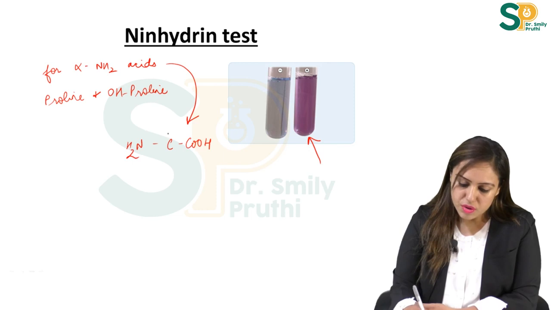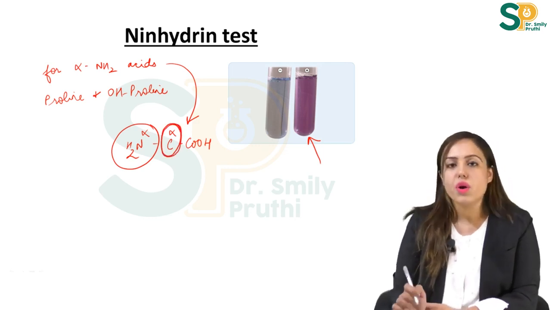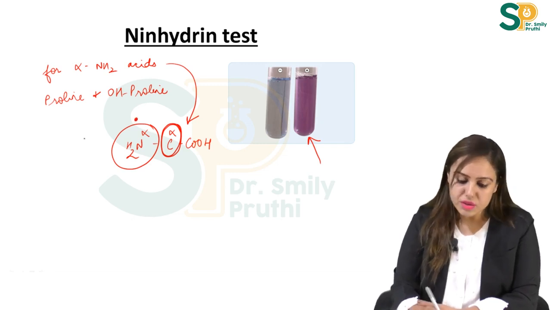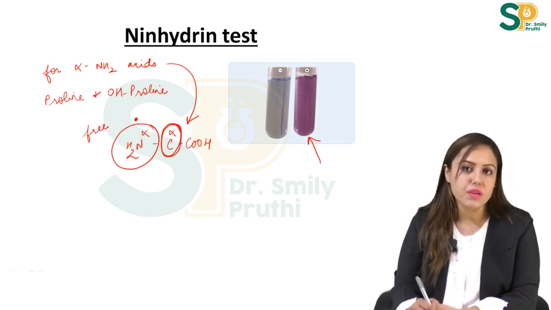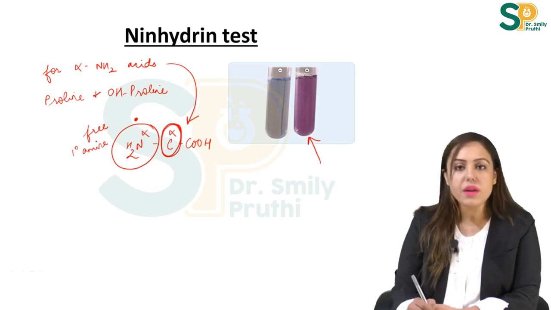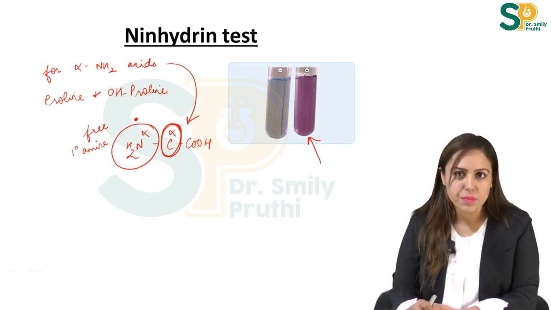This is called alpha amino group because this central carbon is alpha carbon, right? So alpha carbon is having its alpha amino group, and this amino group is free, also called primary amine, right? That nitrogen is attached only to one carbon.